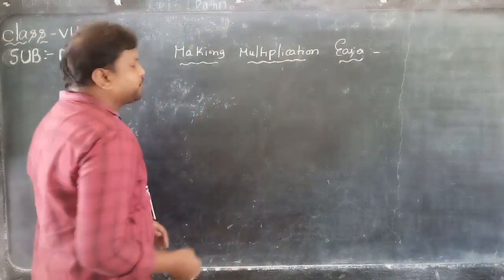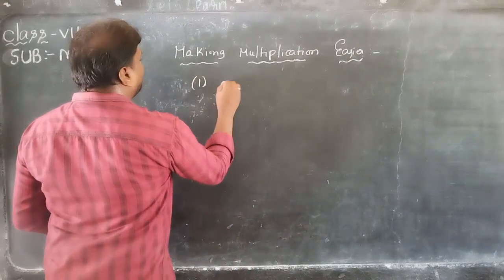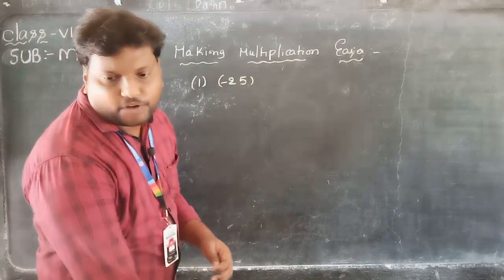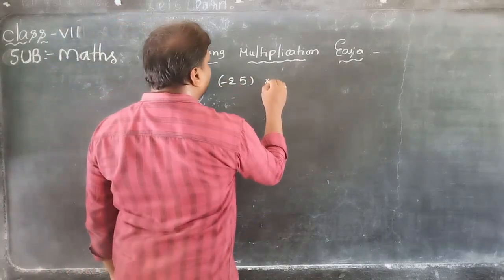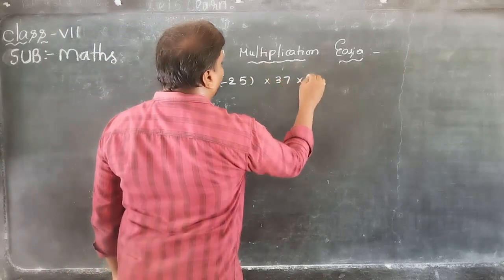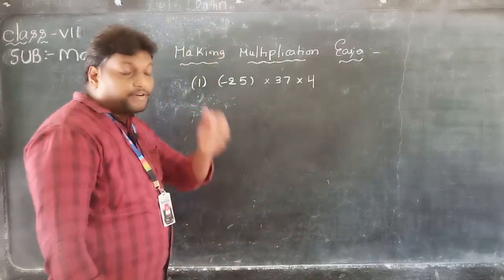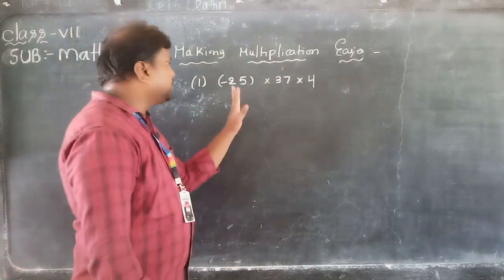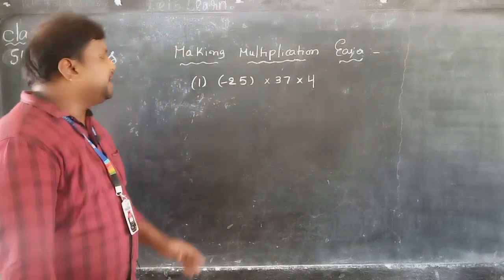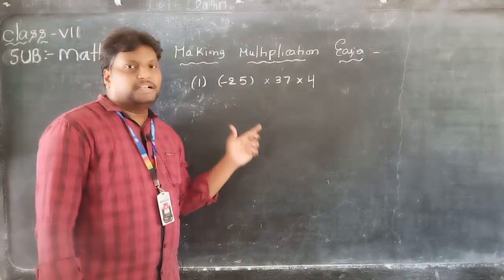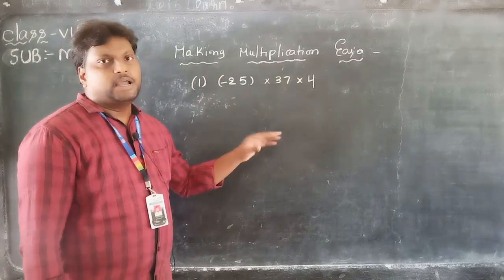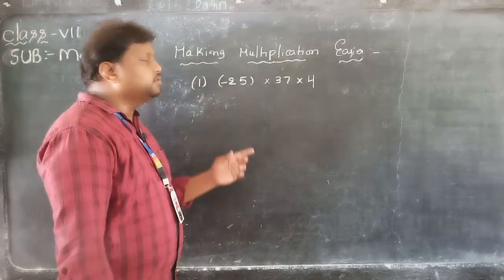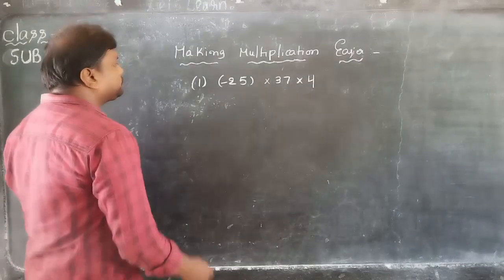For example, first problem: minus 25 into 37 into 4. For this problem we can multiply in different ways, but we have to solve it in the easiest way.